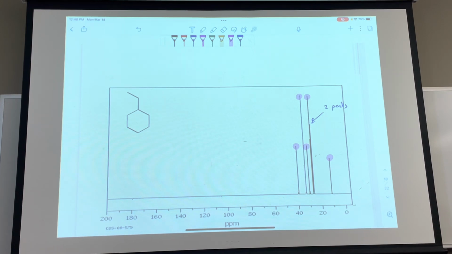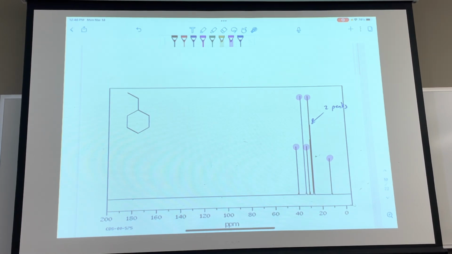As far as distinguishing which one is which, I think there's really only 2 that I would feel comfortable trying to pick out of this. And that has to do with the question we were just talking about in terms of carbons being more electronegative than hydrogens. So what we had said was quaternary carbons are more deshielded than tertiary, than secondary, than primary.